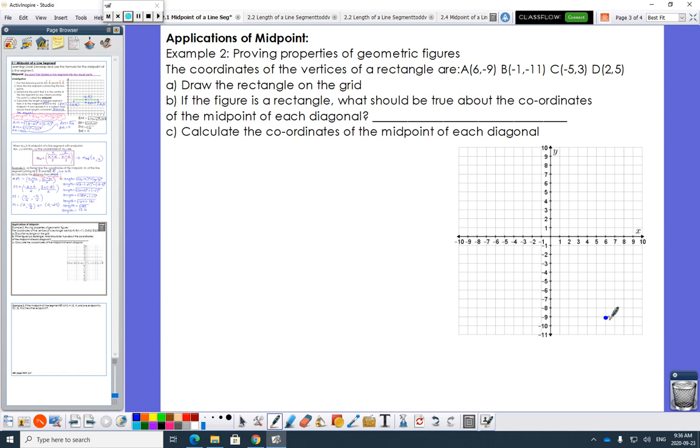I was going to say, I can print you one, but when you draw a shape, I recommend that you label them A, B, C, D. It'll help you later, okay?